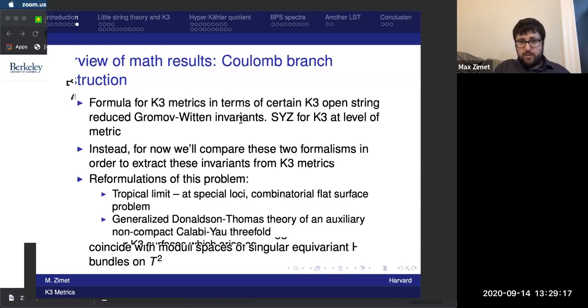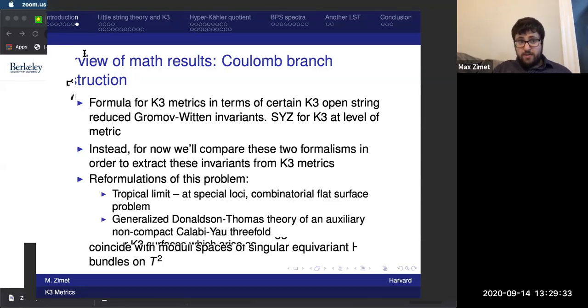Because we haven't yet managed to directly attack this counting problem, what we'll do is compare the formulas produced by this approach with the formulas from the other approach in order to read off those open string Gromov-Witten invariants.